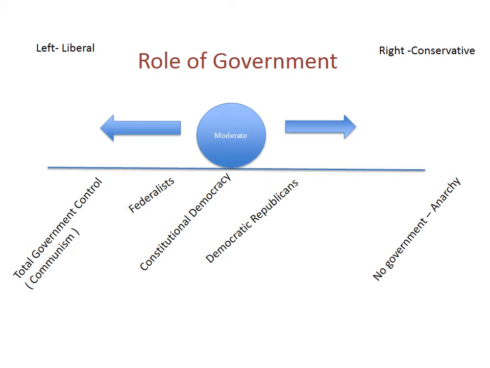So we put the Democratic Republicans to the right. If you move all the way to the right, you're going to be with no government or anarchy. If you move all the way to the left, you're going to have total government control or communism. And it's important to note where the size of government falls on this spectrum.